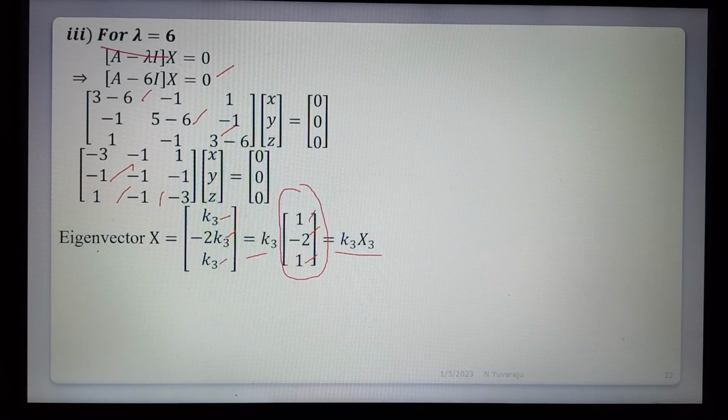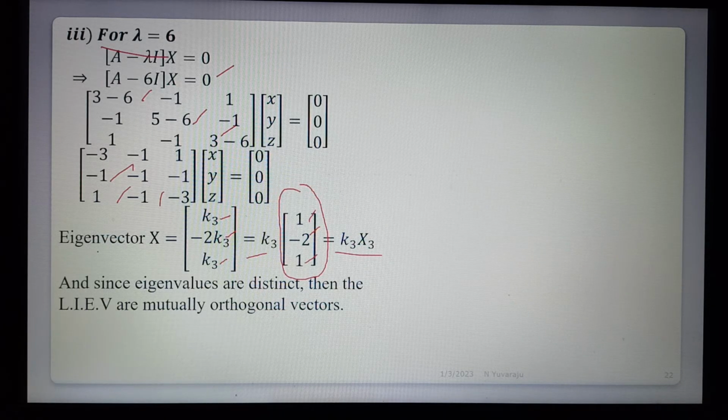Therefore the 3 eigenvectors are mutually orthogonal vectors. Why? Because the 3 eigenvalues we got are distinct. When the eigenvalues are distinct, the corresponding eigenvectors are automatically mutually orthogonal.